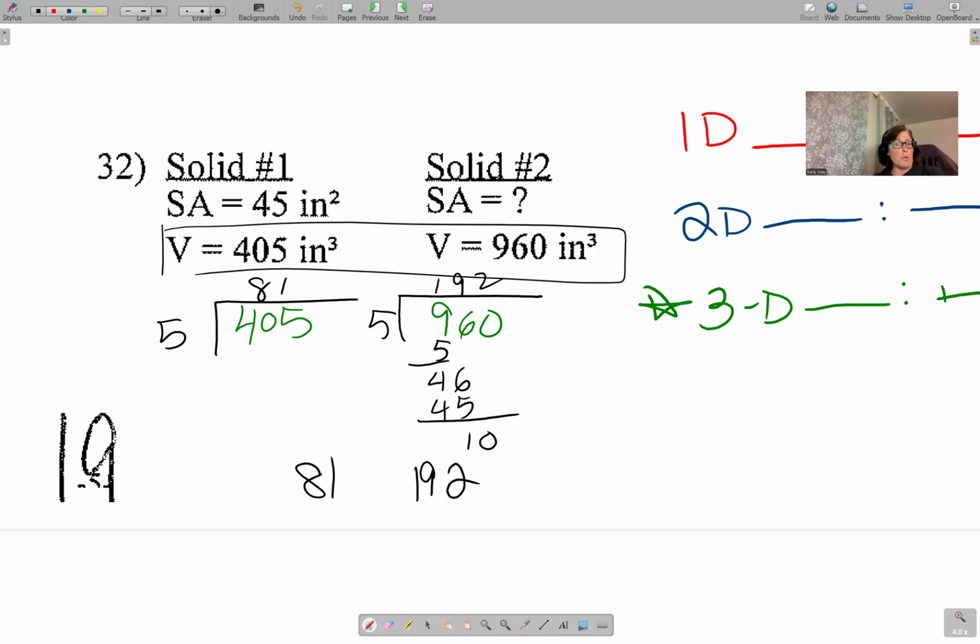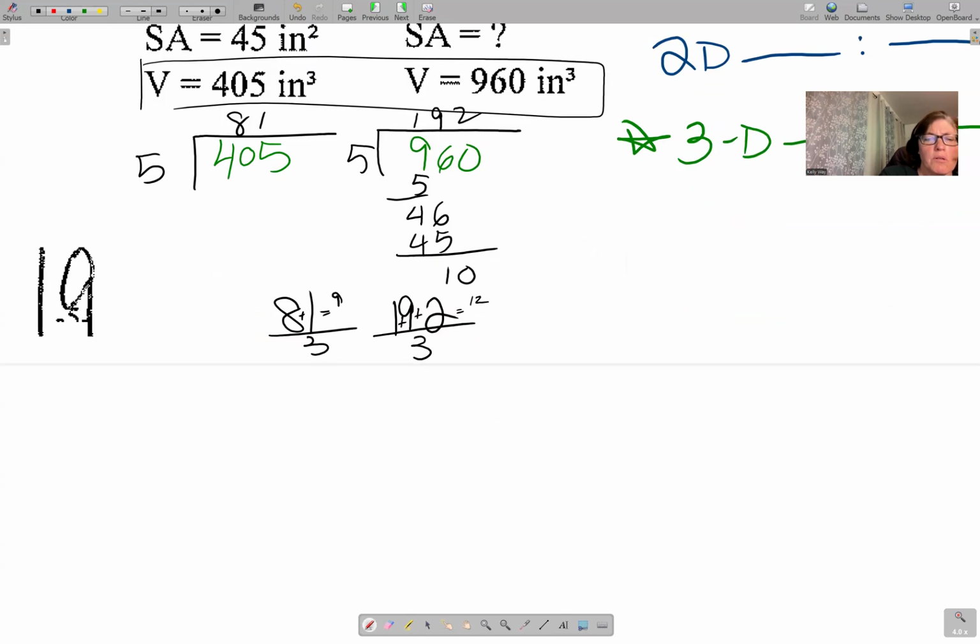I think of numbers that go into 81, and 8 plus 1 is 9. 9 is divisible by 3, so I know that's divisible by 3. 1 plus 9 is 10, plus 2 is 12. That's also divisible by 3, so I know both of these are divisible by 3. Three goes into 8 twice.